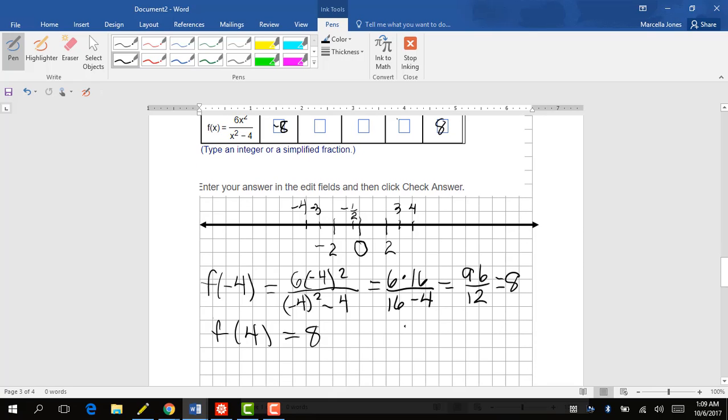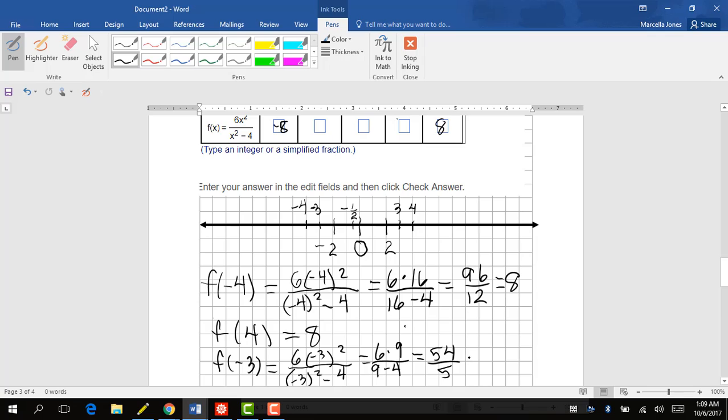And then f of -3 is going to be the result of replacing all of the x's with -3. So I have 6 times 9 over 9 minus 4, or 54 over 5.